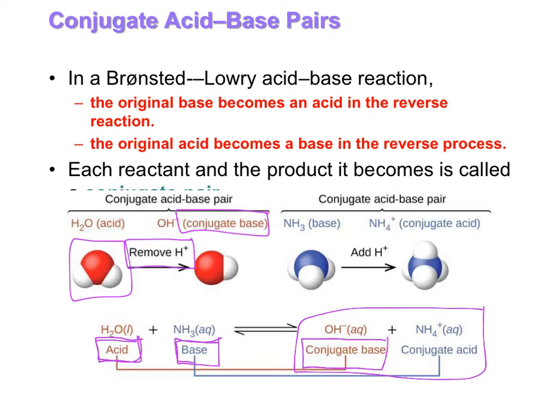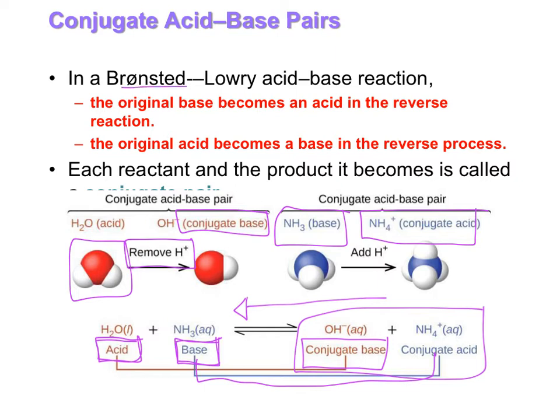For the original base, what you end up getting as its little pair is a conjugate acid. So we started off with NH3 acting as a base and accepting a proton, and what you got from that was NH4. Now this NH4, if you go this way, will be acting as an acid, so it's the conjugate acid.